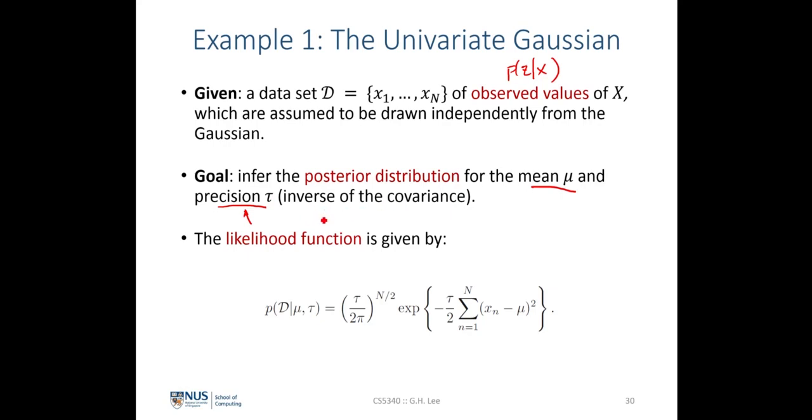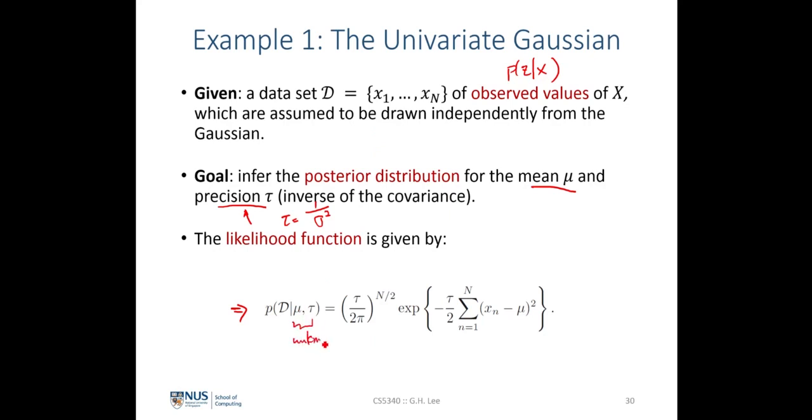So previously we were looking at the sigma squared. Now tau here simply denotes 1 over sigma squared. Despite the difference here, the univariate Gaussian will still remain the same in the distribution space. The likelihood is then given by this equation over here, where we have D, which is all our observations, conditioned upon the unknown parameters.